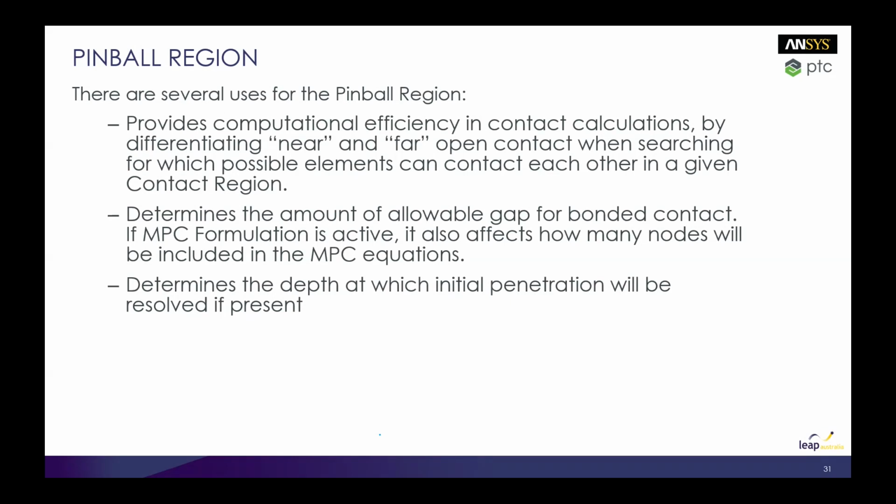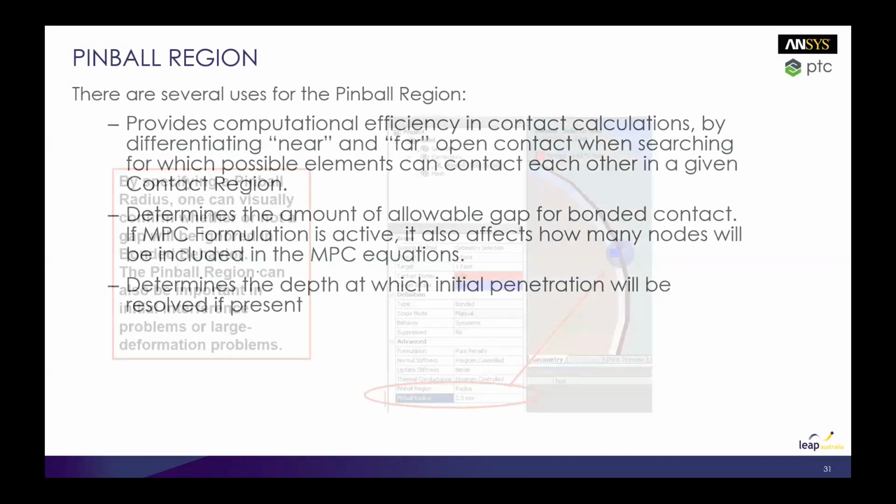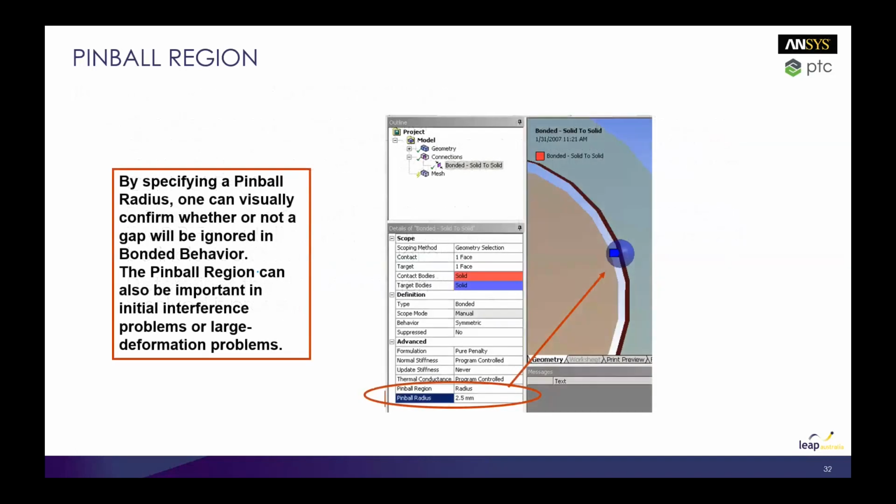So that's for non-linear contacts. If it's a linear contact, it determines the amount of allowable gap or penetration, and for MPC, it affects how many nodes are tied up in the MPC. Okay, so we can specify a pinball region to be a fixed value, which will be independent of the mesh size.